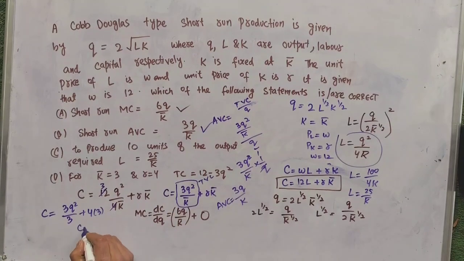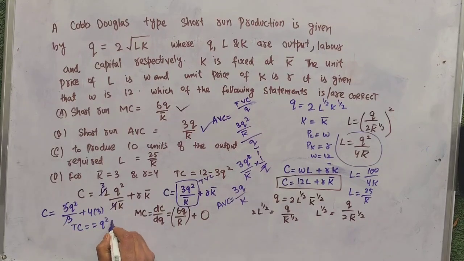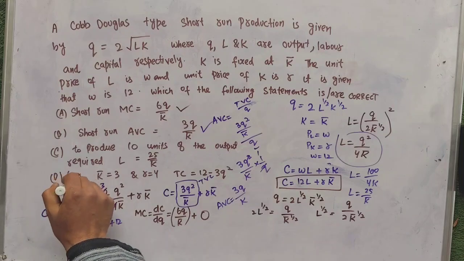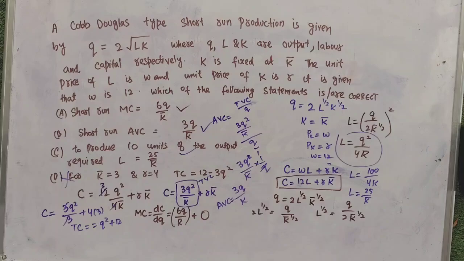So the total cost will be equal to, 3 gets cancelled, so we get Q square plus 12. So this option is incorrect. Okay, so the correct options are A, B and C in this question.